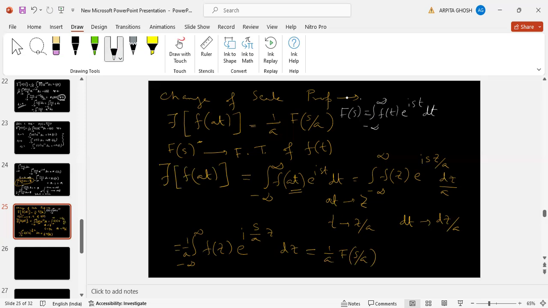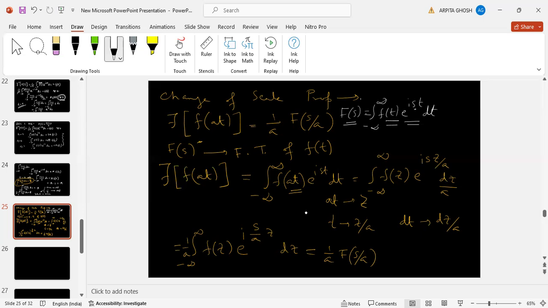This is your F s. মানে f t সঙ্গে e এর পাওয়ারে it, তার সাথে যে থাকছে f এর পরে ব্র্যাকেটে সেটা আসছে। Because we are integrating with respect to t and putting the limits from minus infinity to plus infinity, so entire thing becomes a function of s only. And this is your F of s. So minus infinity to plus infinity f t into e to the power ist dt, that is your F s. e to the power it, it এর সঙ্গে যে থাকলো সে এলো f এর পাশে ব্র্যাকেটে.